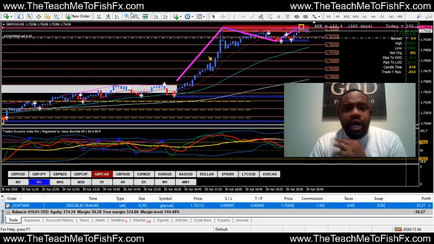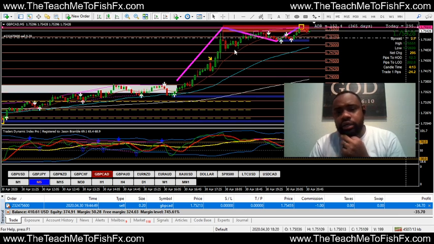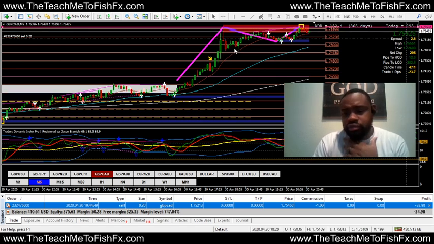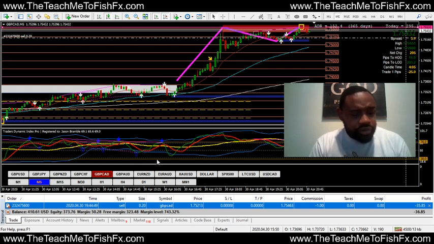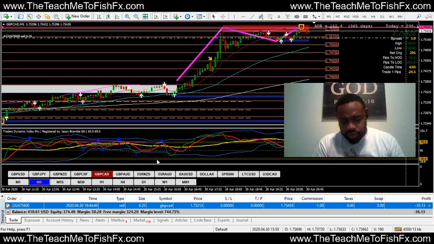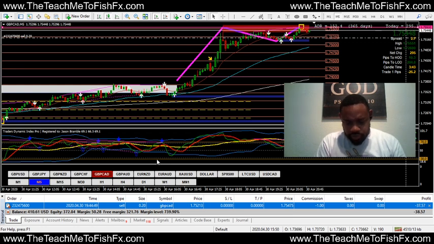It's 1:50. I'm gonna call it at 2 o'clock. I'm gonna call the stream at 2 o'clock because I've been on here for almost an hour and a half now. What I'll do is manage the trade on my phone. Again, GBP CAD, we will manage this trade on my phone.